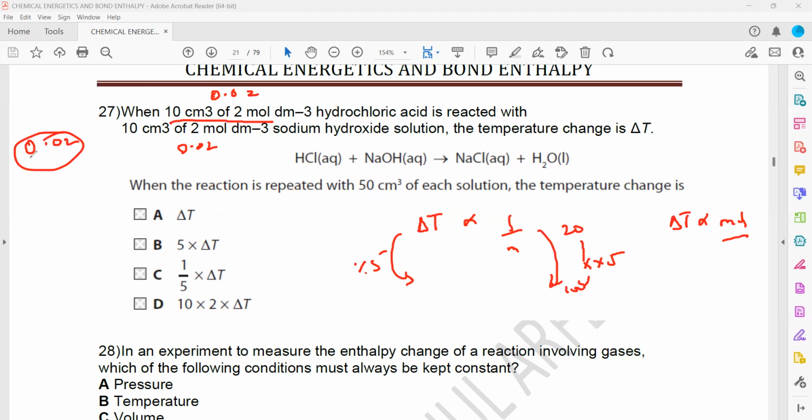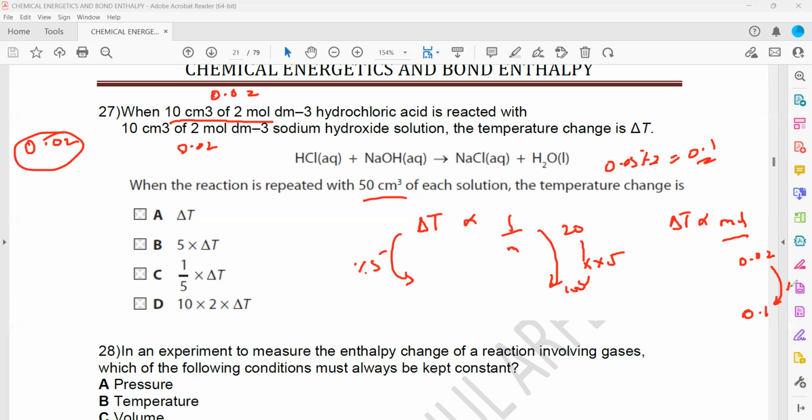So originally moles are 0.02, but when we took 50 cm cube of the same concentration, it will be 0.05 multiplied by 2, which is equal to 0.1. So what happened to the moles? It was 0.02 in the beginning for either reagent, as both of them are used up. So it turned into 0.1.